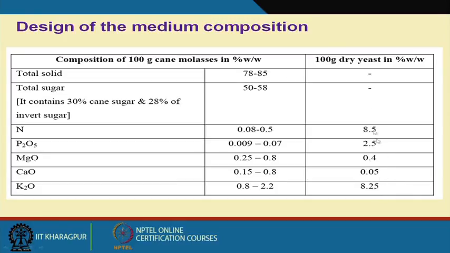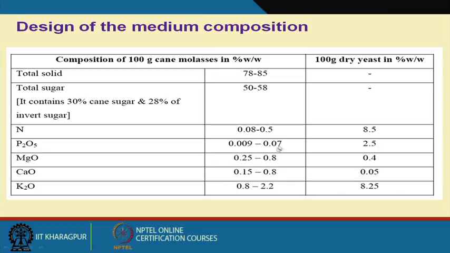Now, we know that yeast cells, when present in the fermentation media, can contain more than 90% moisture. So, naturally the concentration will be a little bit less than that in the wet conditions.